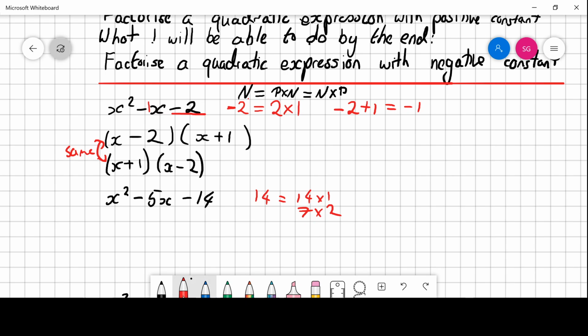We're using 7 multiplied by 2 here, because 7 minus 2 is 5. And again, because this is a negative term, what we're actually looking for is minus 7 plus 2 equals minus 5. So it's minus 7 and plus 2.